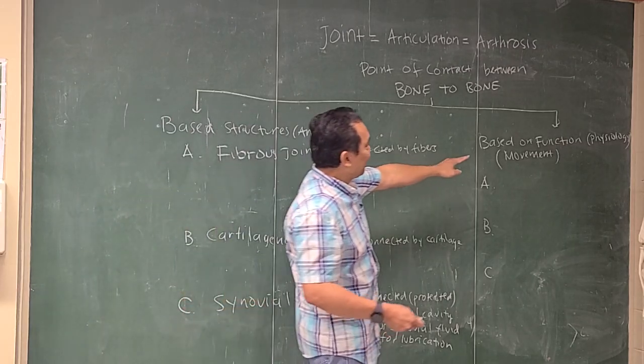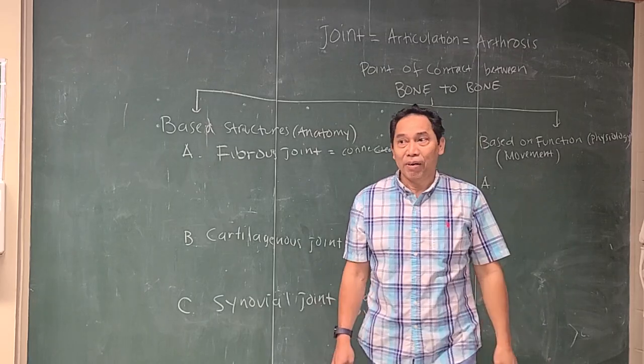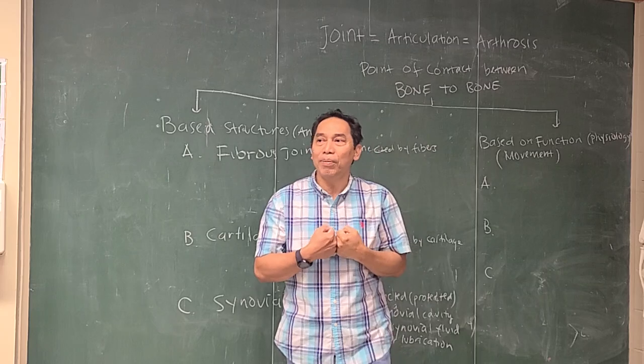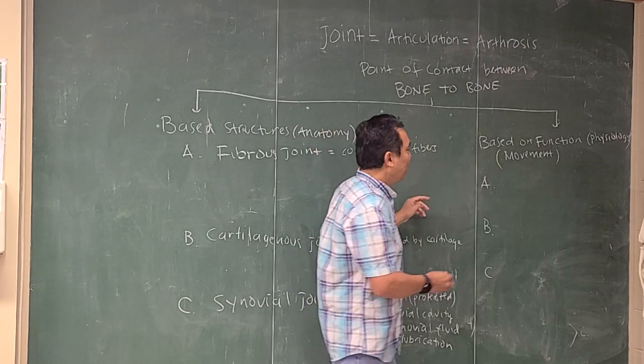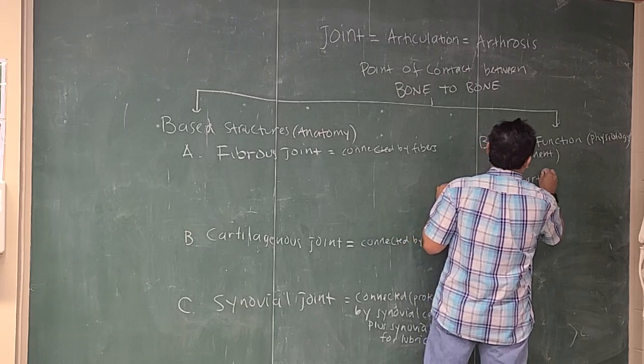Now let's go to the function over here. There are three functions. First, if that joint does not give any movement, that joint is called synarthrosis.